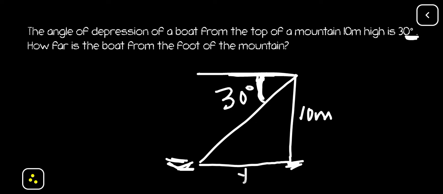But remember we said that the angle of depression is alternate to the angle of elevation, which is here. So from the boat looking up is one angle, and from the mountain looking down is another angle.